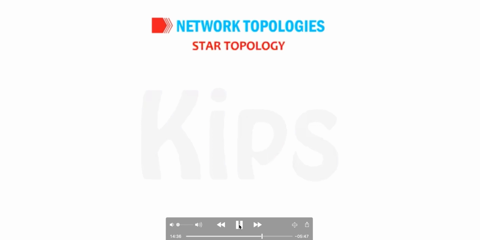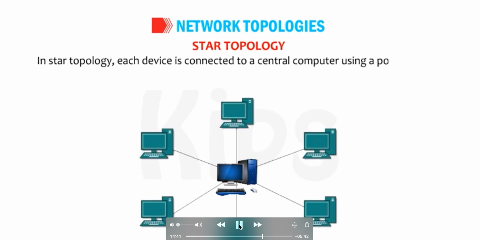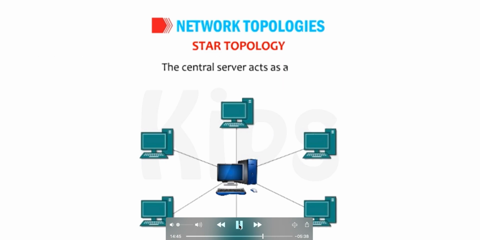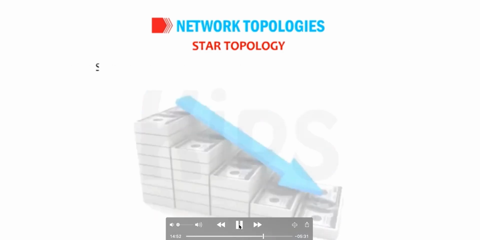The next topology is star topology. In this star topology, each device is connected to a central computer using a point-to-point connection. The central server acts as a hub here. Devices communicate across the network by passing the data through this hub.